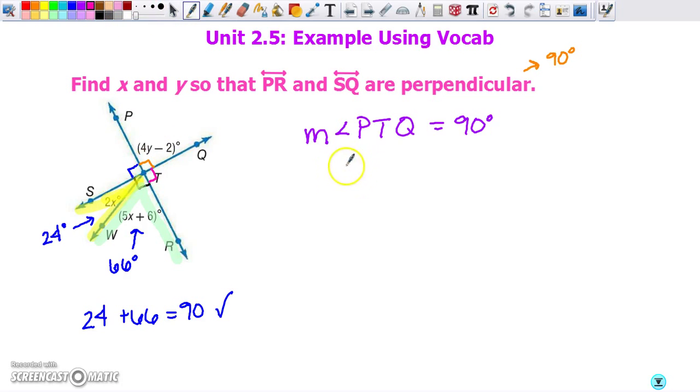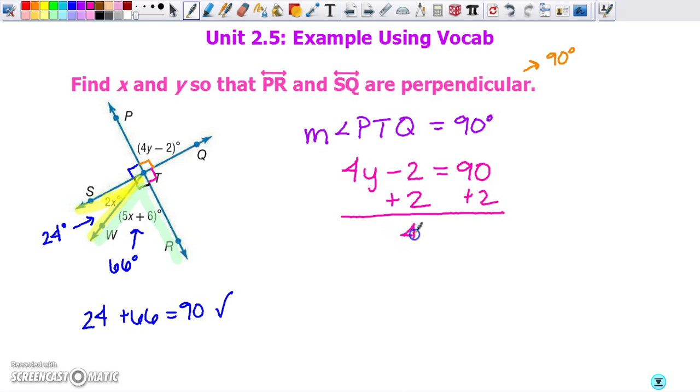So now plug in your information, which is 4y minus 2 equals 90. Add 2 to both sides to get 4y equals 92. Divide by 4.